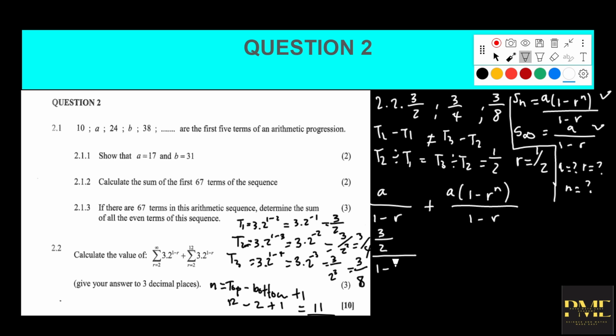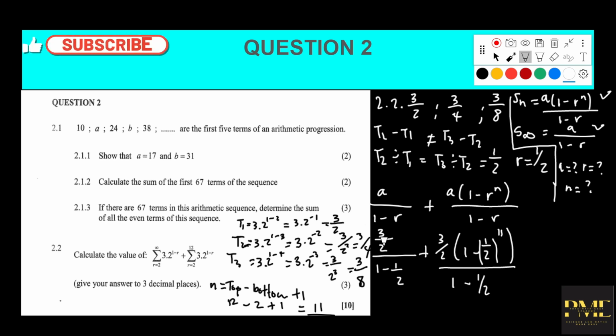and then our r, we know our r is a half. That is our ratio, okay, plus, and then for this one, where we see a, we know a is 3 over 2, into 1 minus our r, which is 1 over 2, then all this will be raised to the power of our n, and our n is 11, we have found it because it comes from the expression of this question. So we put this 11 here as our exponent all over 1 minus our r, which is a half, guys.